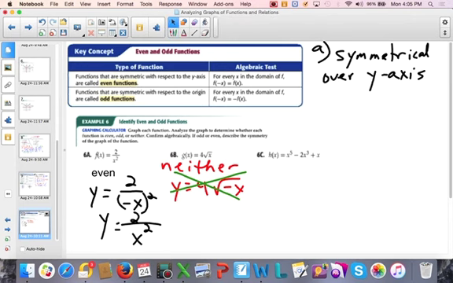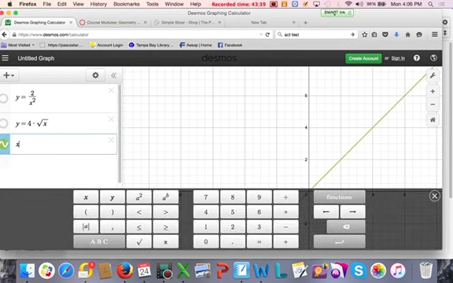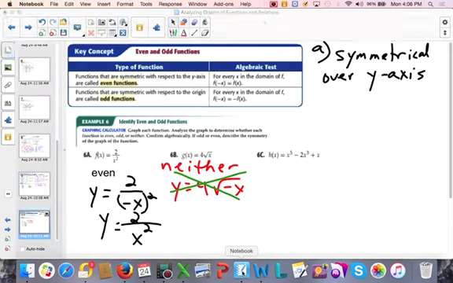For part C, again, looking at that graph, minus 2x.